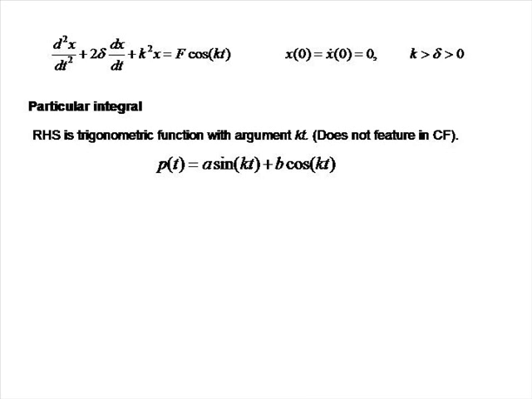In other words, our particular integral is the general form of what's on the right-hand side, and we're going to try and work out values for a and for b. We do this by substituting for p into our differential equation and comparing both sides. Our differential equation was a second order one, so we need to have the first and the second derivatives of p.